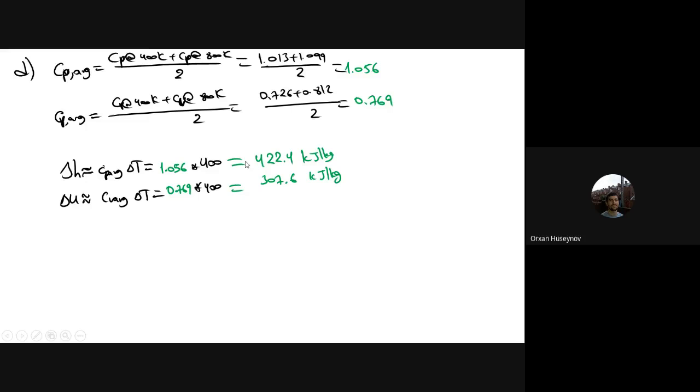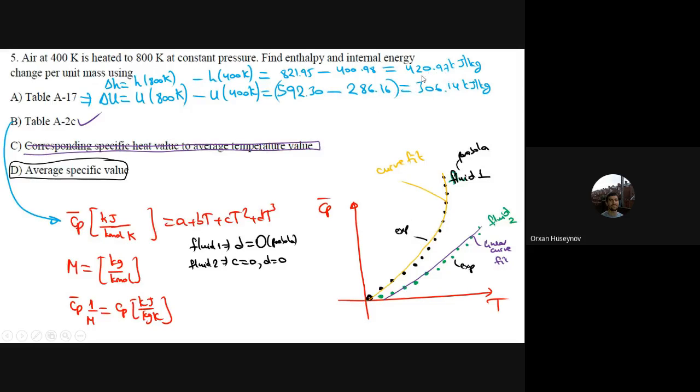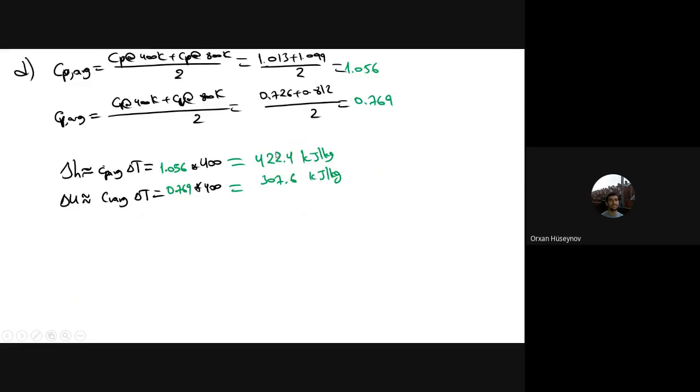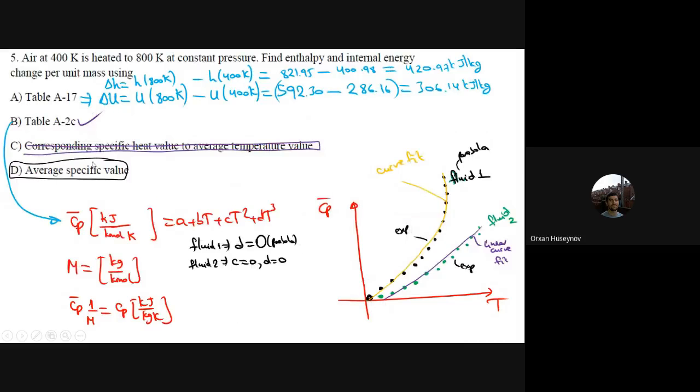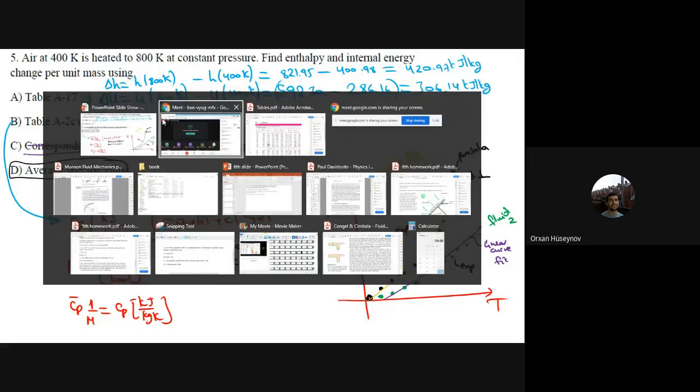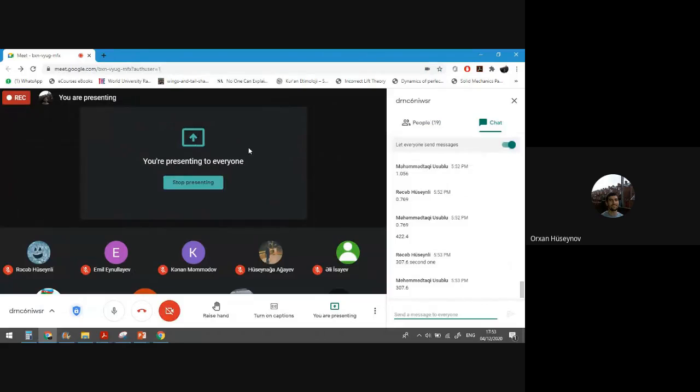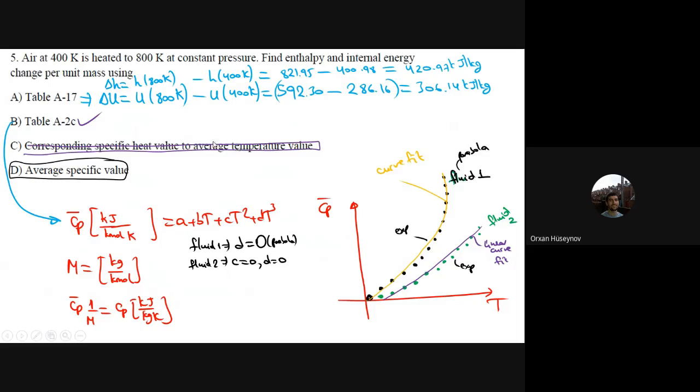You can see that we have got values that are very close. There is error, but it's not so large. If you consider plus or minus 2 with respect to 400, it's not too much. So you can see there are different methods to calculate the enthalpy and internal energy change of the fluid. You can do it with any of these methods and you will get approximately similar values. Good.